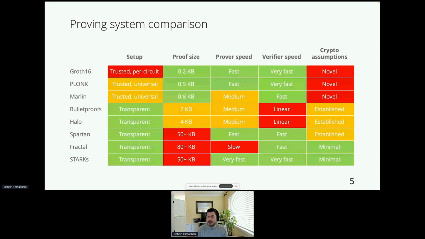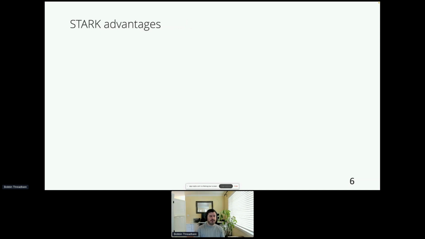All right. Let's talk a bit more about Starks and the advantages that they have as compared to some other systems. So the first advantage is they're transparent and scalable. What this means is that there is no trusted setup and there is no pre-processing. In many other systems, especially the ones that have very small proofs, you need to run a trusted setup, and trusted setups are a pain.